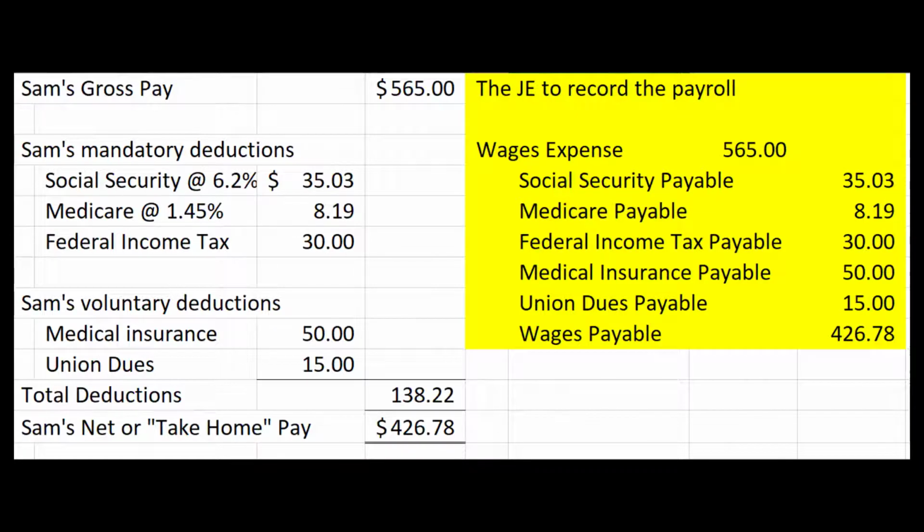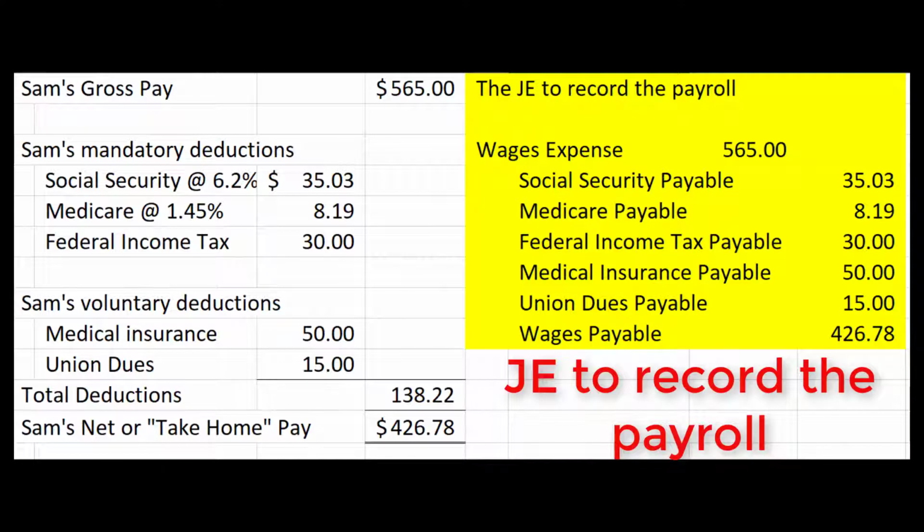On this screen, you see the journal entry to record the payroll. The wages expense was debited for the gross pay. Each individual deduction that is withheld from the employee's paycheck is credited to a payable account. So the Social Security tax withheld was credited to Social Security payable.